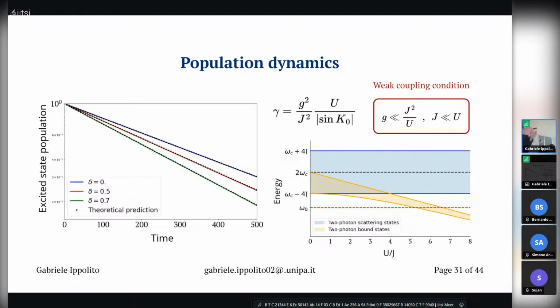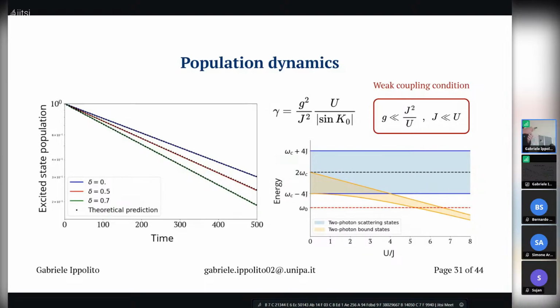And what we observe is that in any case, the excited state population exhibits an exponential decay over time. We don't observe a non-Markovian behavior inside the two-photon bound states band, but only a Markovian regime in which the excited state population decays exponentially.